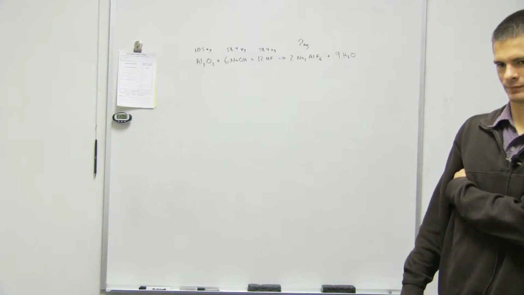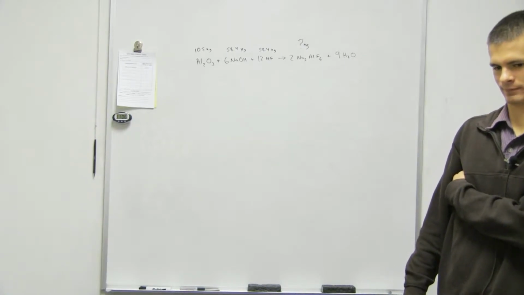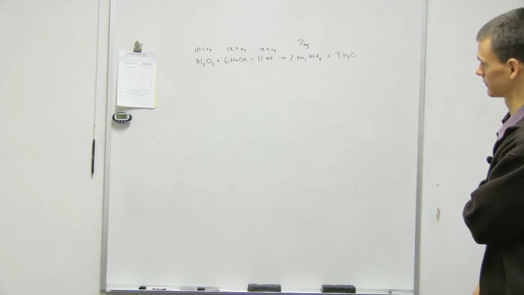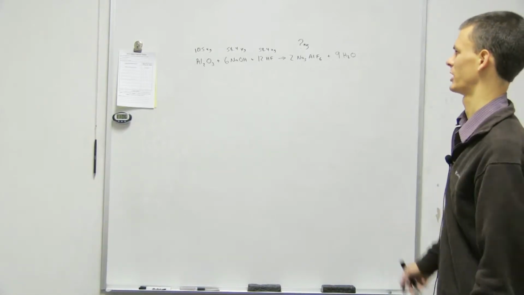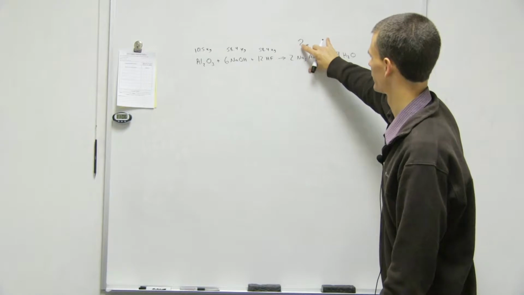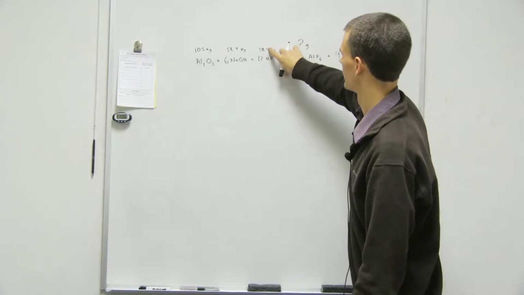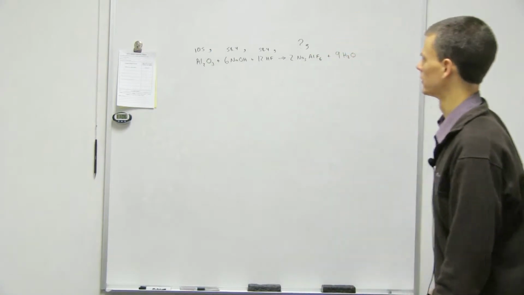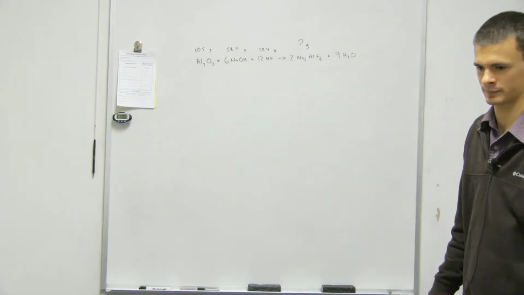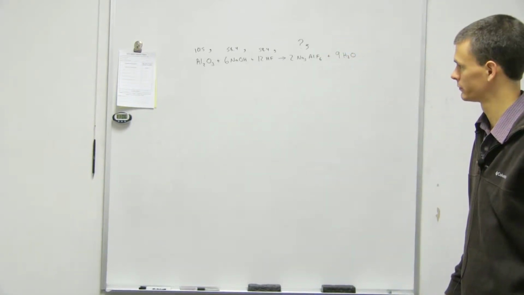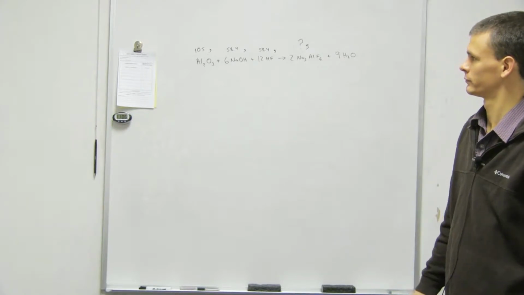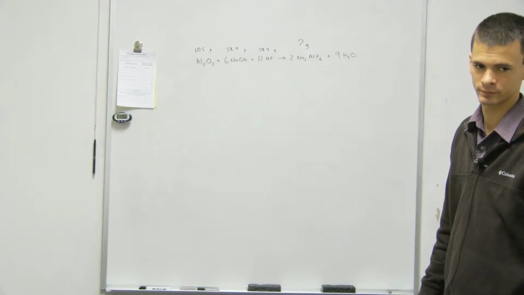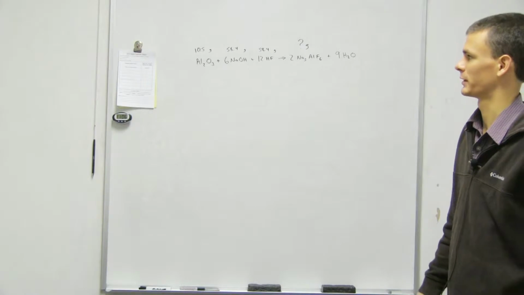Okay. So yeah, 25 grams of that. Oh, kilograms. We could just change everything to grams if you want, because it's easier, and it'll give us the same answer. So, do we just bump the decimal over? No, don't even worry about the decimal.